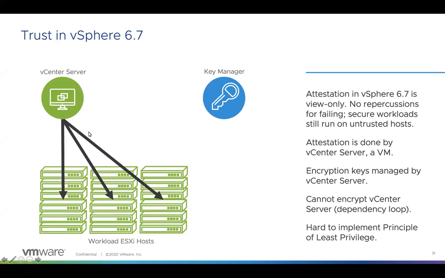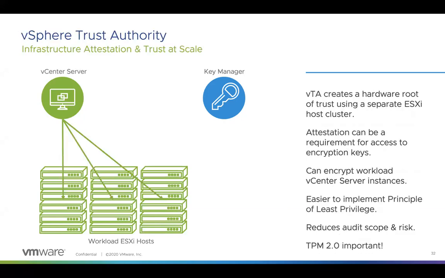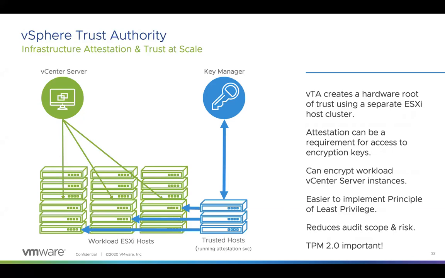Now in 7.0, we introduce vSphere Trust Authority, which ensures that you can encrypt workloads, even the vCenter Server instances themselves. It will reduce your audit and security risks which were earlier exposed because you couldn't authenticate or encrypt the vCenter Server.